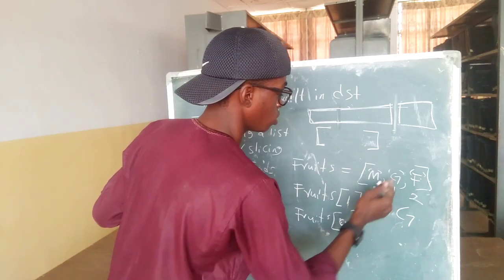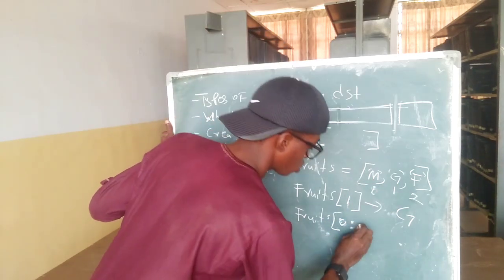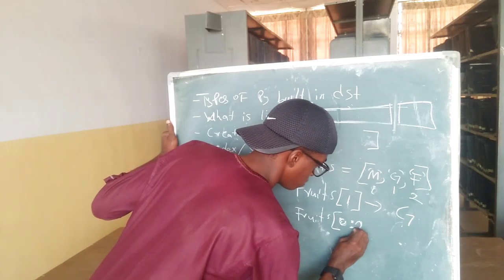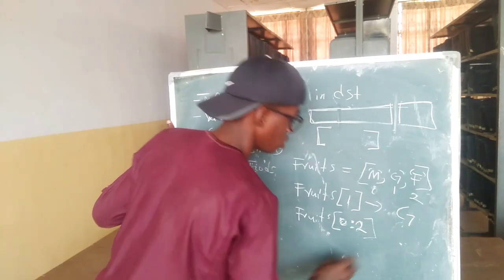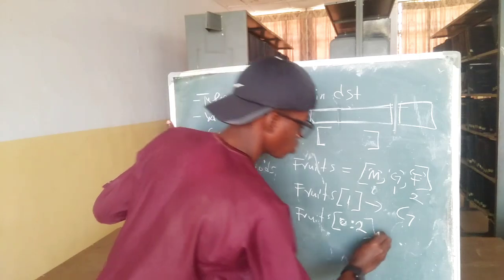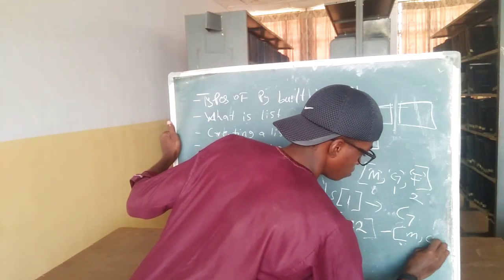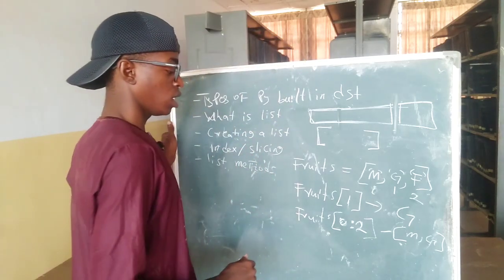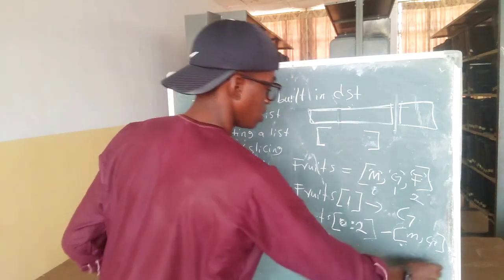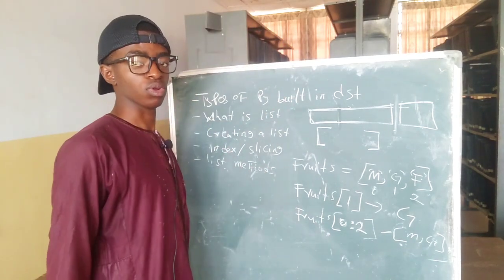Then you write that here. When you run this program, this is what you're going to see: another list with M and G. So you see, this is what we call slicing.